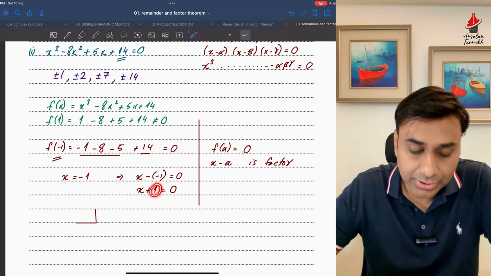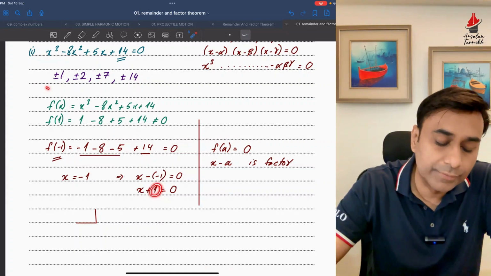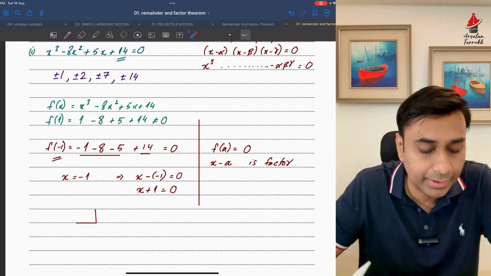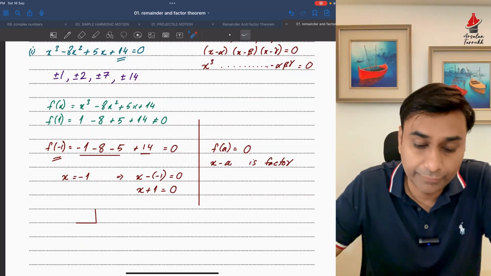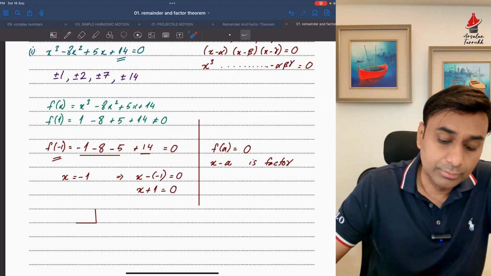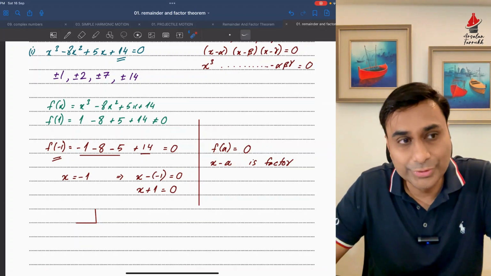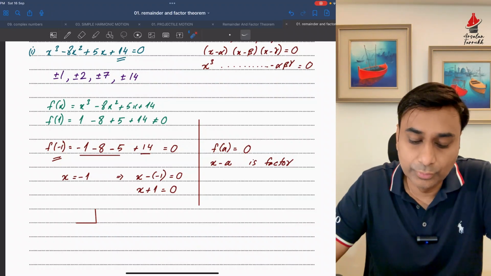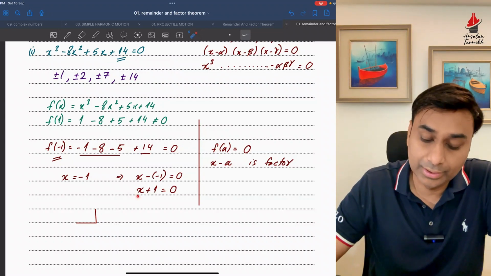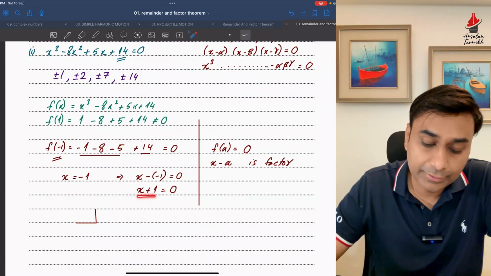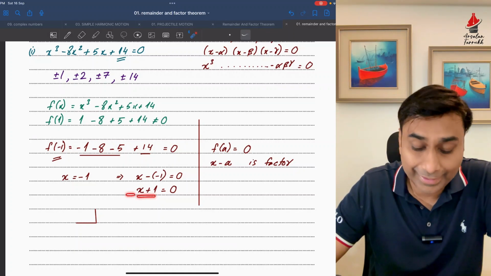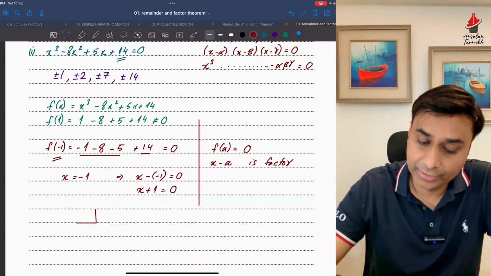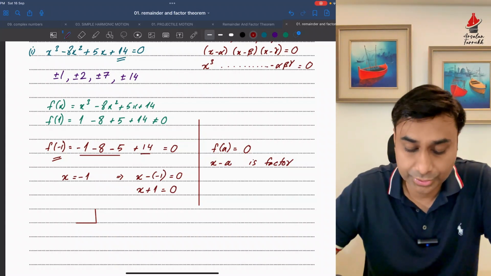So if it has a rational value, in this case you would always be getting an integer value, but later on I will be telling you a possibility where you might get a rational or fractional value as well. But in almost all of the cases, you will be getting first of all a linear factor, and you would have a value of x as being an integer. So you can always use, most of the times, this synthetic division method.